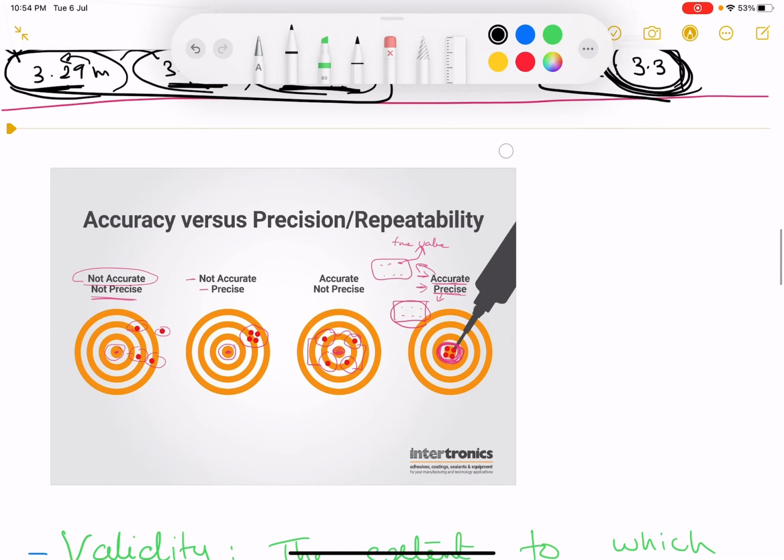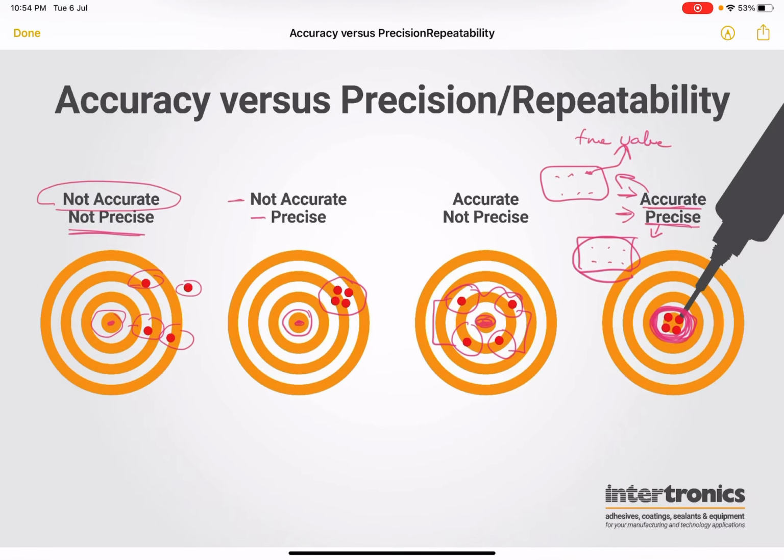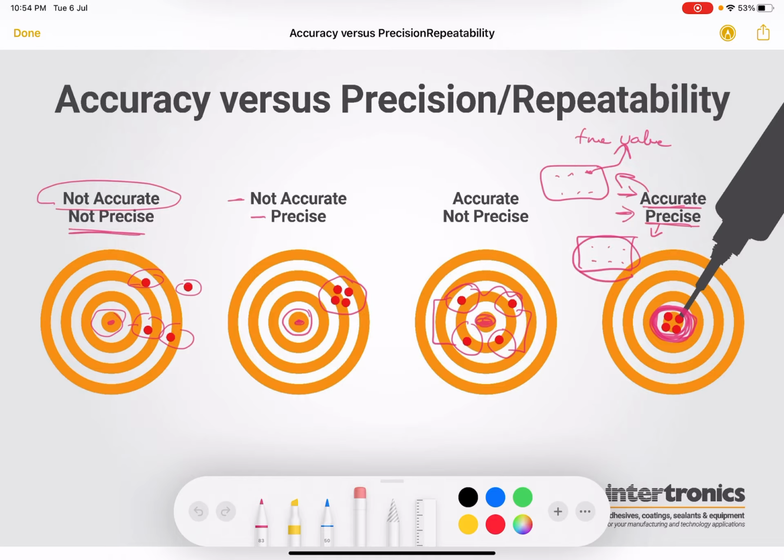Okay, we're going to look at this diagram. The first one on the left is not accurate because the values, the red spots, are far away from the true value, the central one. They are also not precise because they are far away from each other.